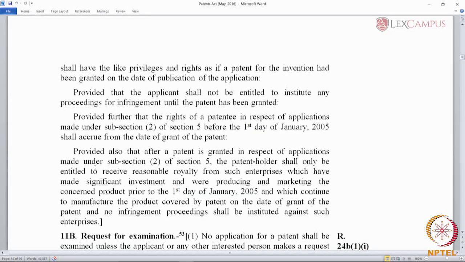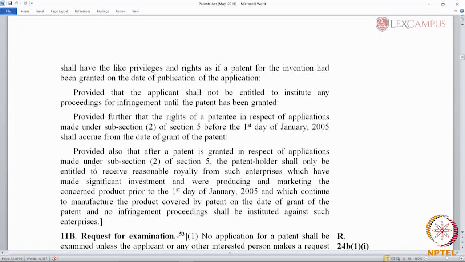So, by the 1999 amendment, we had a mechanism of taking applications for pharmaceutical products, which was not the case under the 1970 Act, and this was introduced by the TRIPS agreement as an obligation. So, we had a mailbox provision which allowed the Indian Patent Office to receive applications for product patents pertaining to pharmaceuticals, or commonly it was earlier called food, medicine and drug.